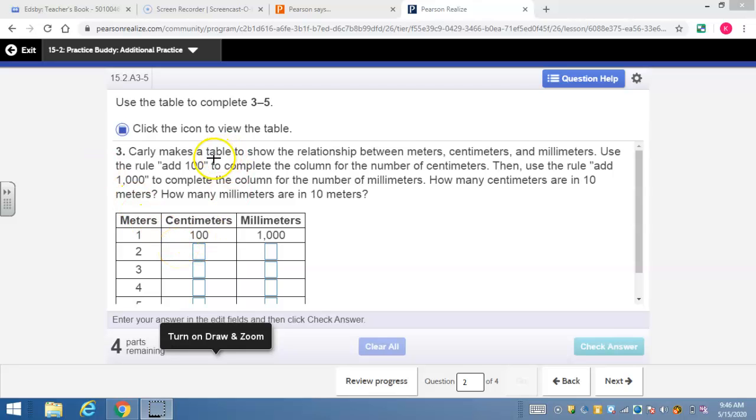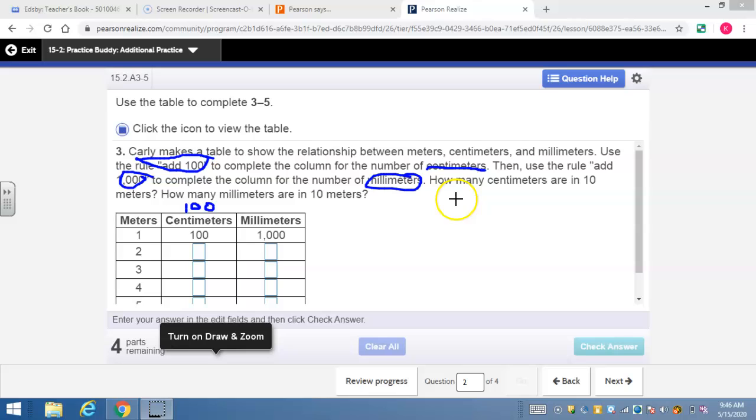So remember right here, we have to add 100 for the centimeters and add 1000 for the millimeters. Okay, I always like to text code just to make sure I'm doing the right step. Let's start with centimeters. Okay, these are my hundreds.